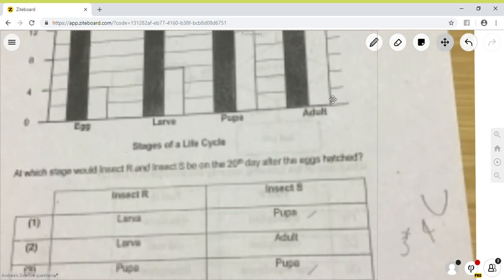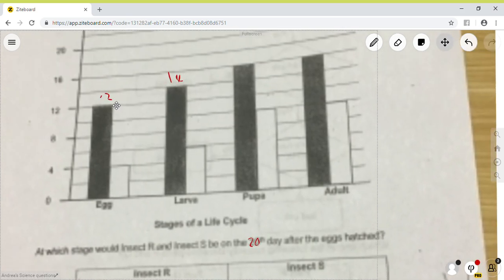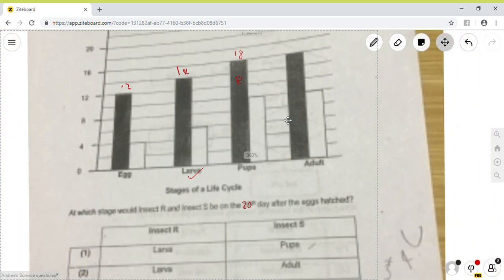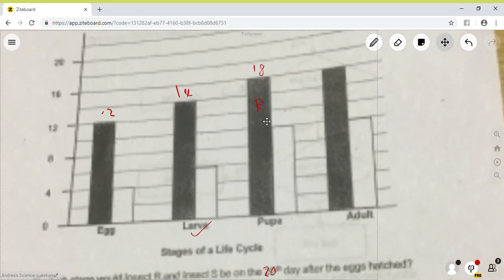Yes, 20th. So 20th day after the eggs hatch. So you start counting from the larva stage, because they are talking about after the eggs hatch. That means R on the 20th day is over here.